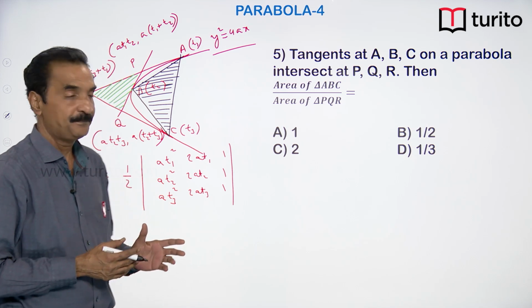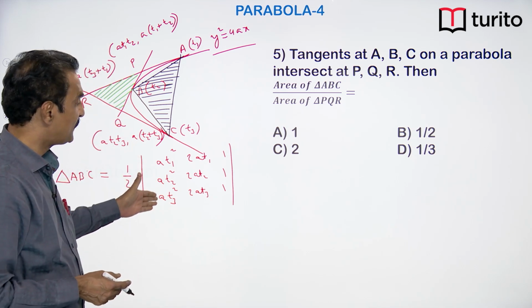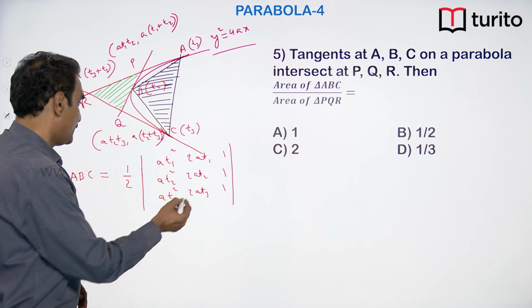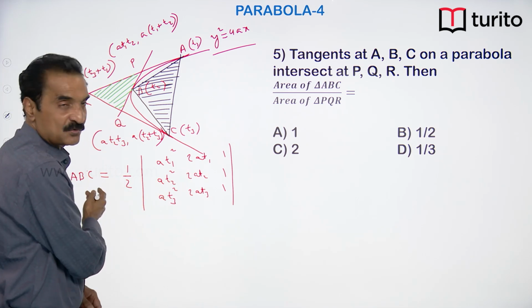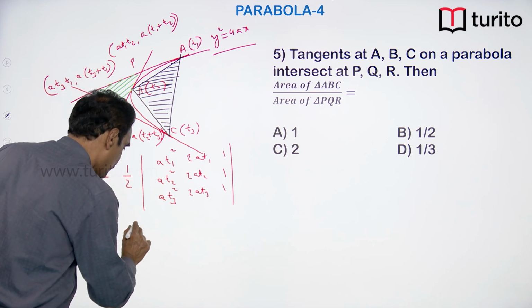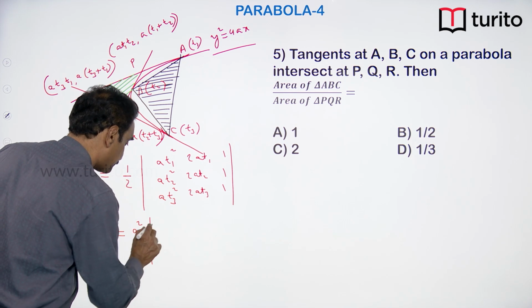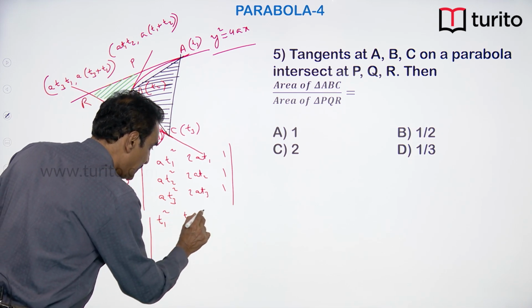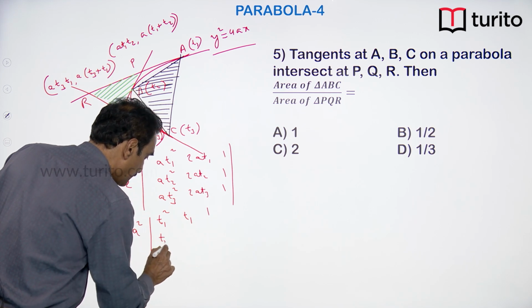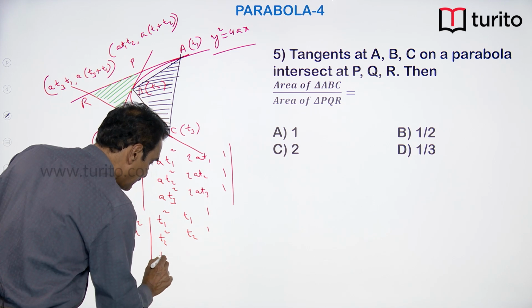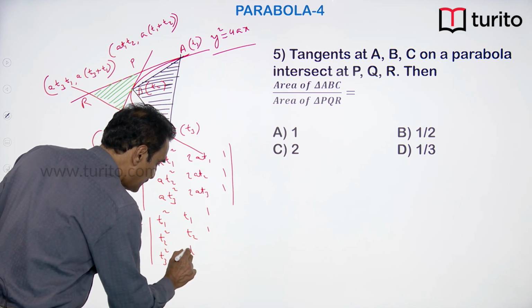Let us simplify. You can take A common from the first column and 2A common from the second column. Then we will get 2A square outside. 2A square into half will be A square, times the determinant t1 square, t1, 1; t2 square, t2, 1; t3 square, t3, 1.